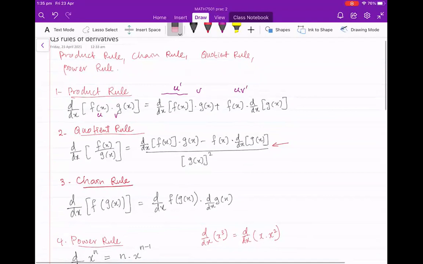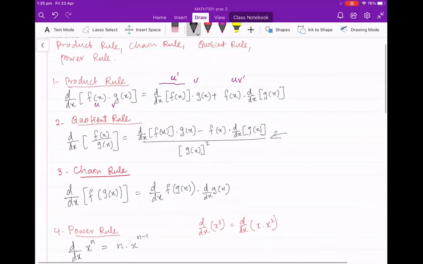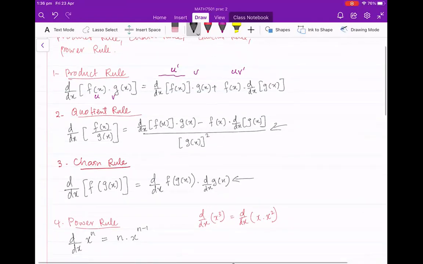And quotient rule is given here. Okay, and chain rule is what we discussed. You have a function in terms of another function. So you would differentiate the function which is outside, and then take the derivative of what's inside the function.